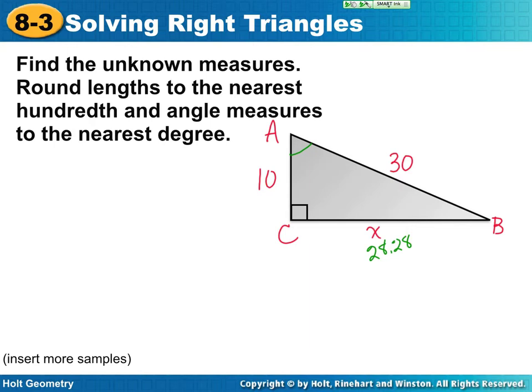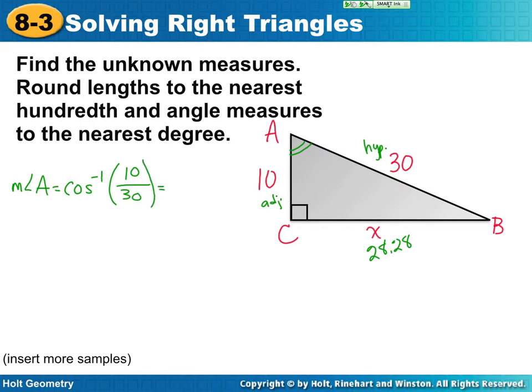All right, so I'm going to find angle A. So that means I'm going to use the adjacent leg, and I'm going to use the hypotenuse. The two things that I started with, those are the most reliable. So to find angle A, the cosine inverse of 10/30.